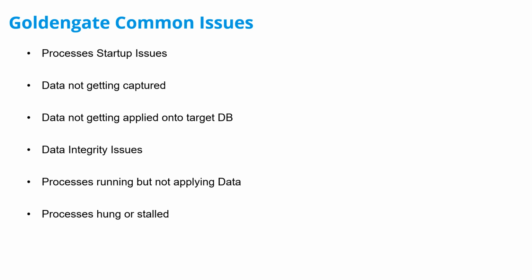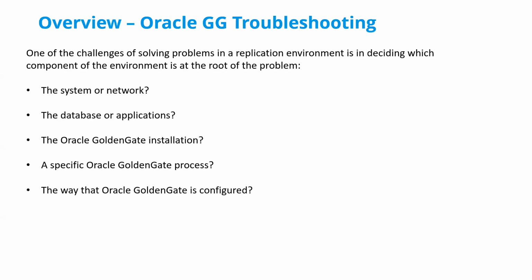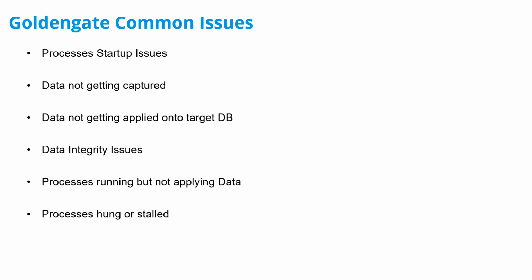So that is one of the issues. Or the process is hung or stalled, meaning the process doesn't move forward. So these are the common issues which you will identify.